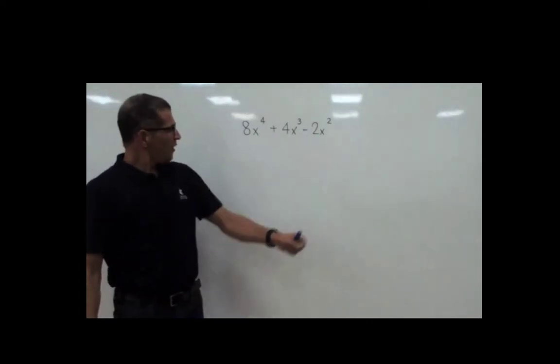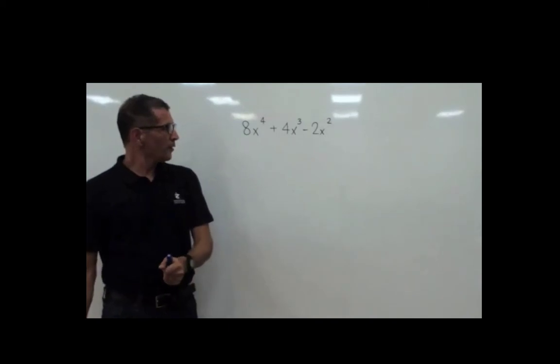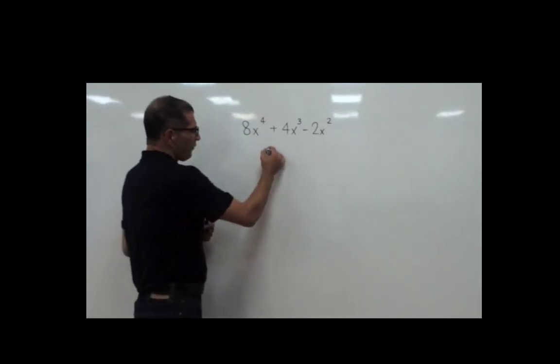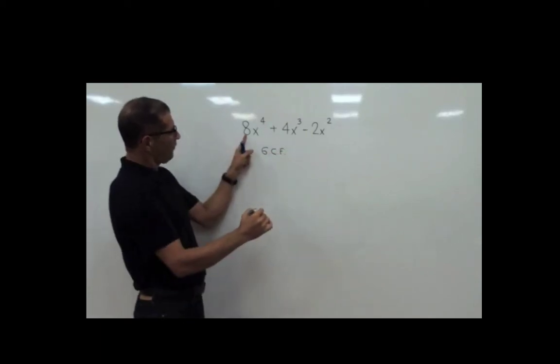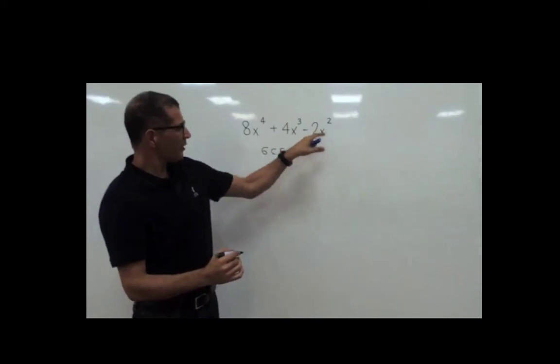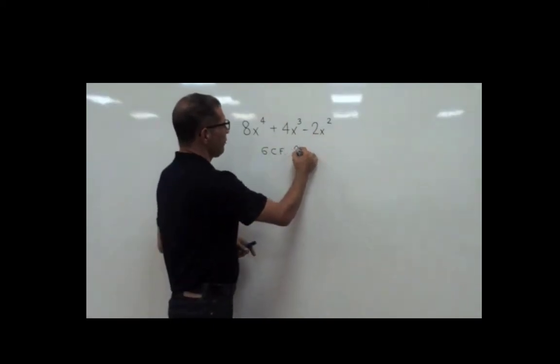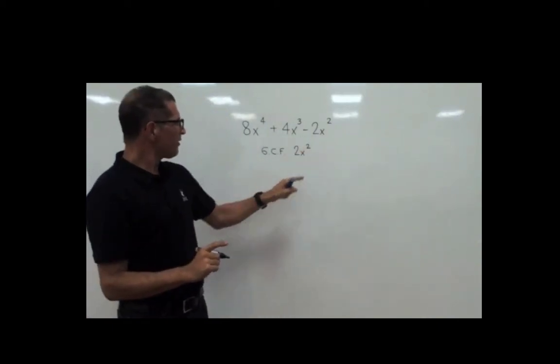Now let's factor this trinomial, this polynomial with 3 terms. The GCF of 8x to the 4th, 4x cubed, and negative 2x squared is 2x squared. So one factor is 2x squared.